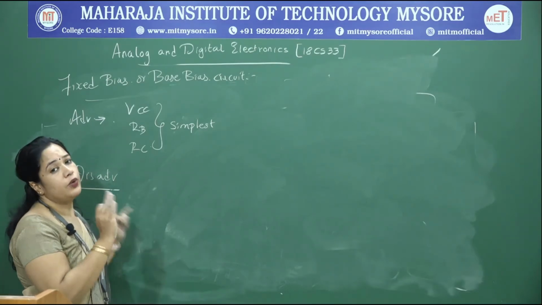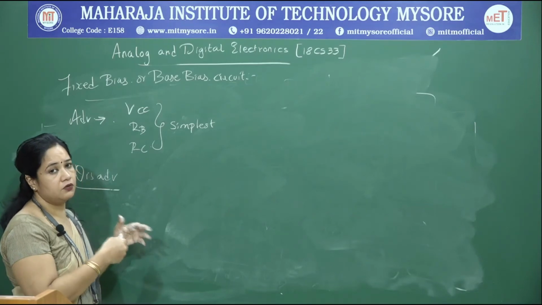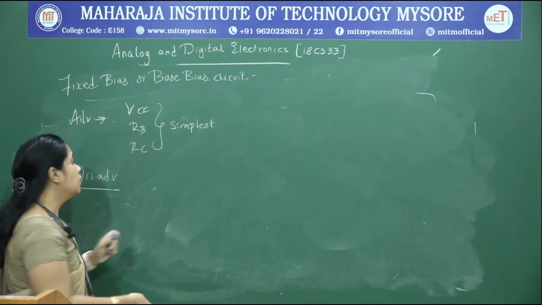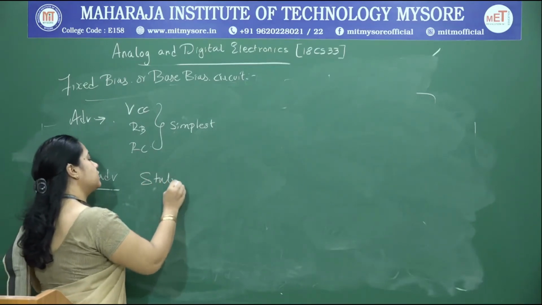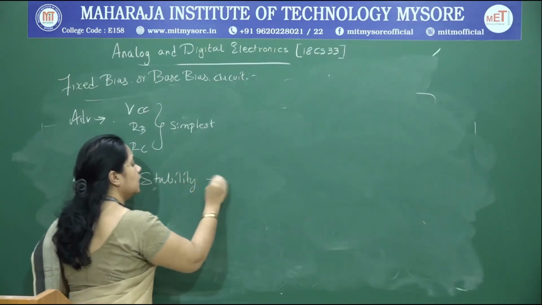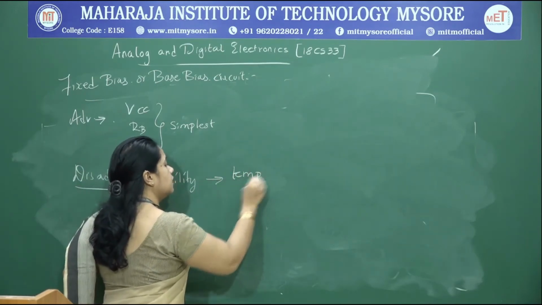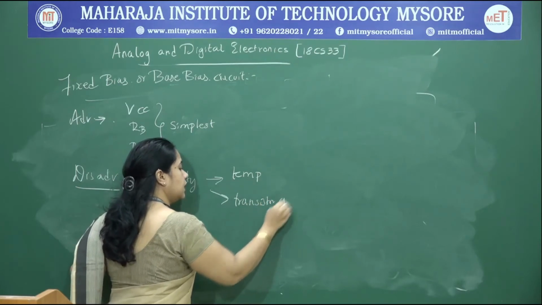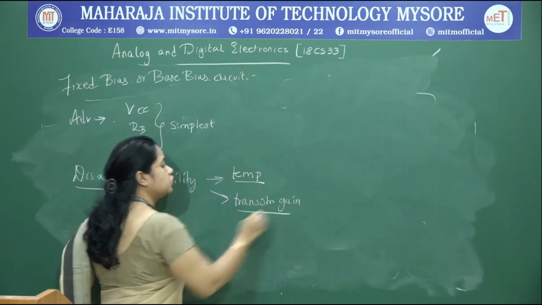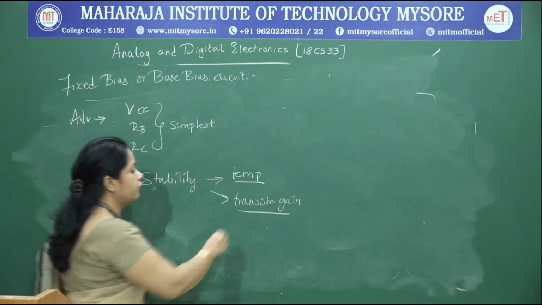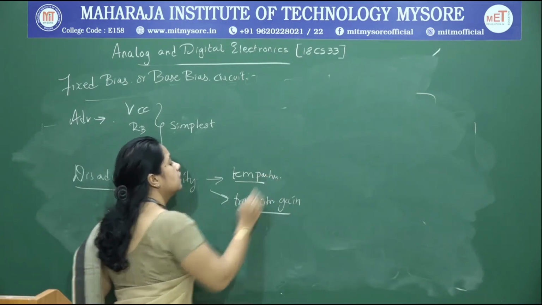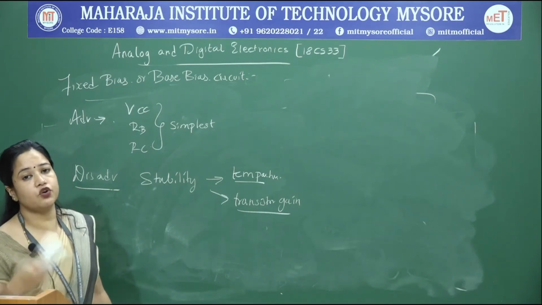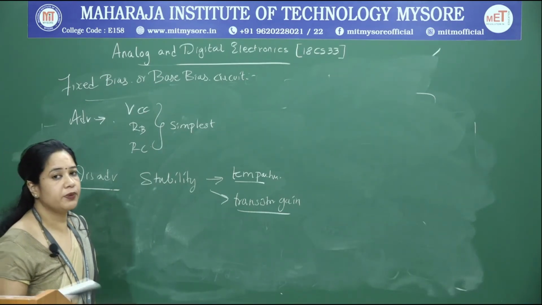So, it is not suitable when your circuit involves a large variation in the transistor gain and the temperature. Stability against variation in the temperature and transistor gain is very poor. So, this happens to be the drawback of your fixed bias circuit.